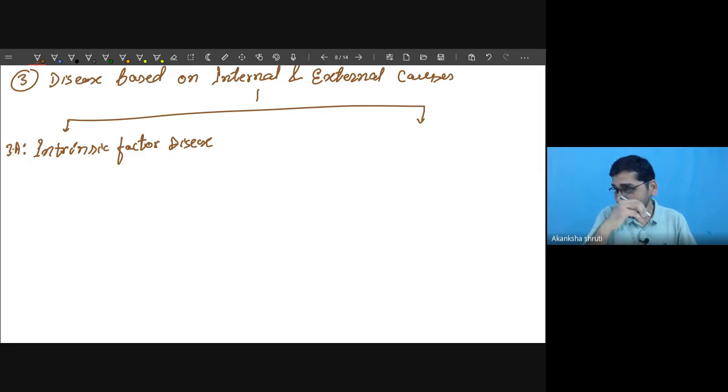So the terms intrinsic and extrinsic you have to keep in mind. The second category of disorder may be because of an external factor, which is called extrinsic.